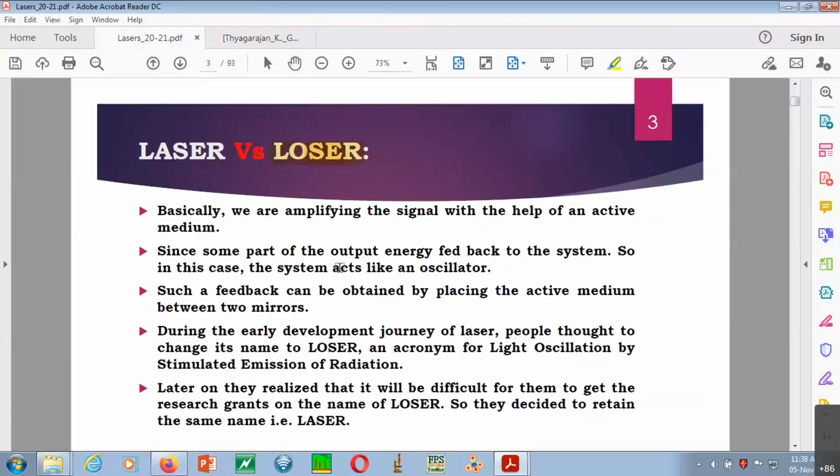Basically, some part of the output energy we are feeding back to the system again. So it's a kind of feedback system which we follow in the laser system. Whenever we talk about feedback, keep in mind there are two kinds: negative feedback and positive feedback. I believe that instead of negative feedback, we must always focus on positive feedback.